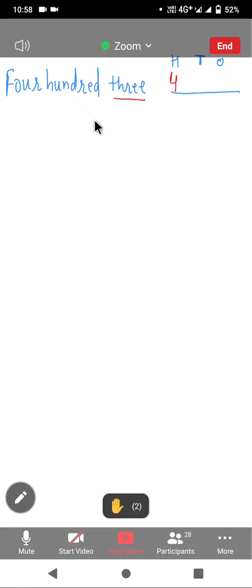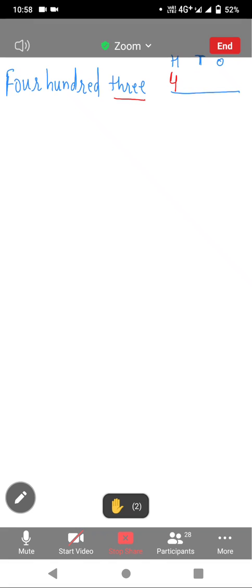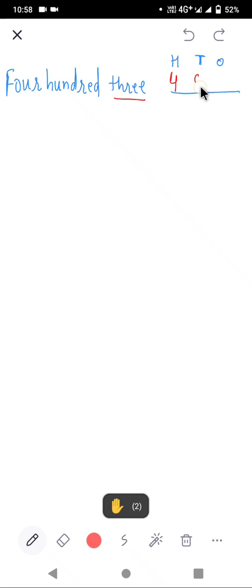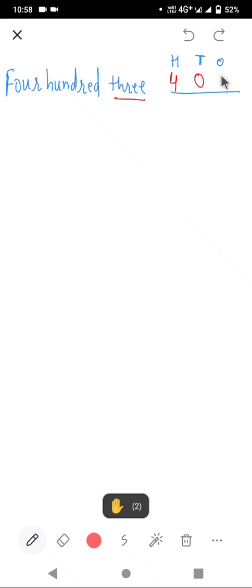Very good. Here we don't have tens, so we'll write 0 at the tens place. At the end we have 3 only, so we will write 3 at the ones place. It is 403.